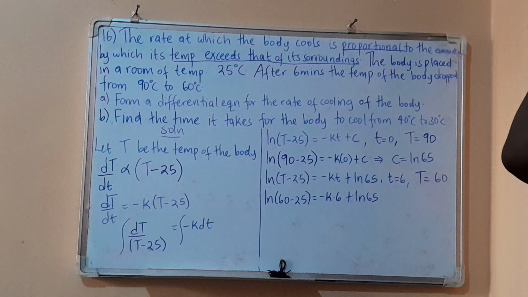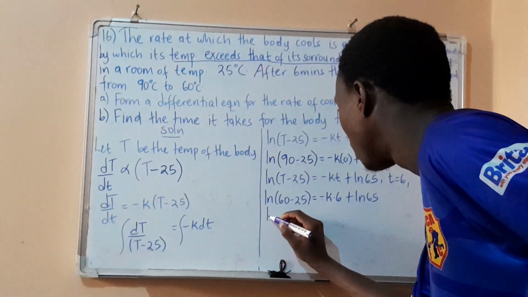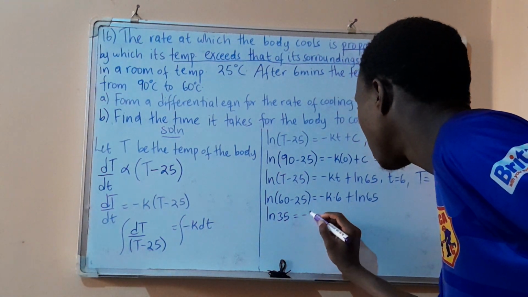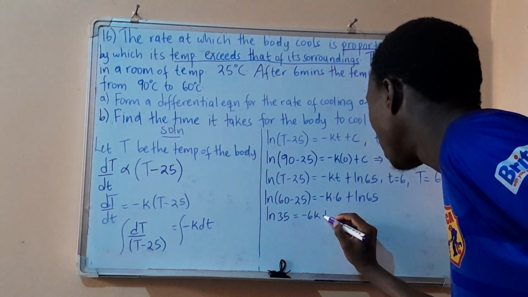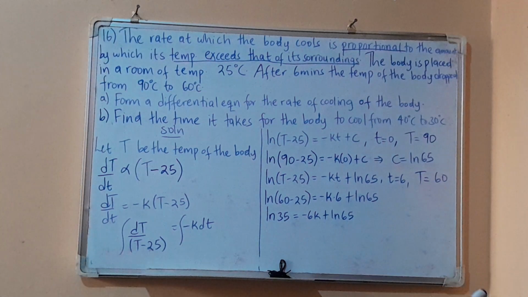You simplify: natural log 35 is equal to negative 6k plus natural log 65.